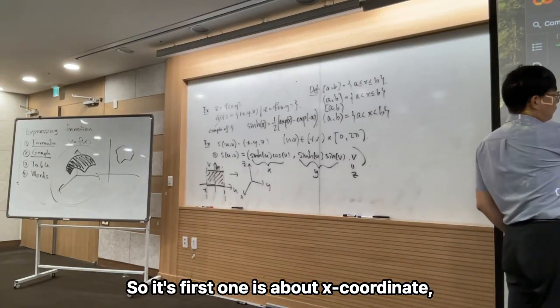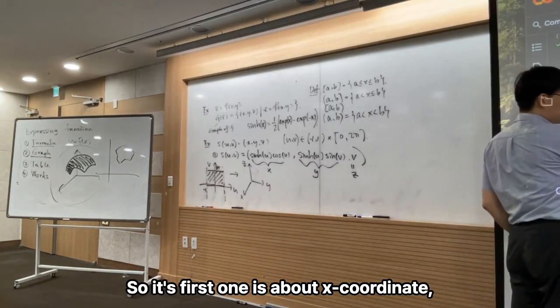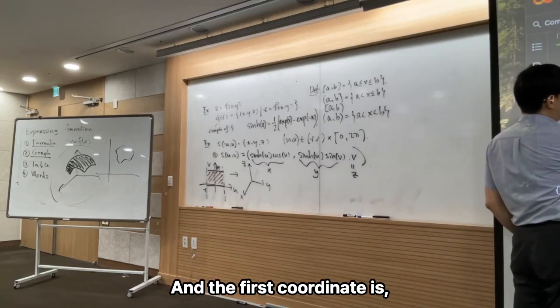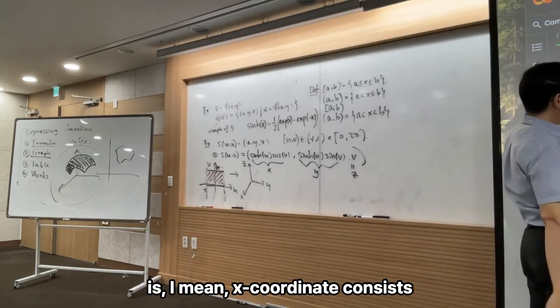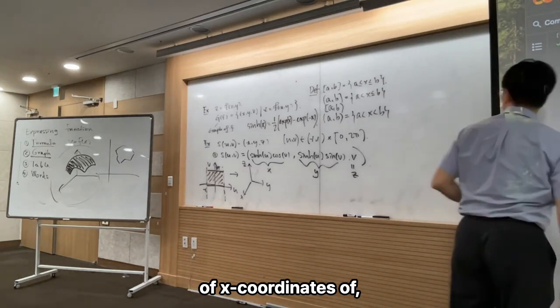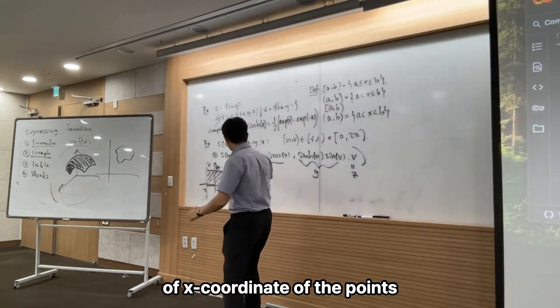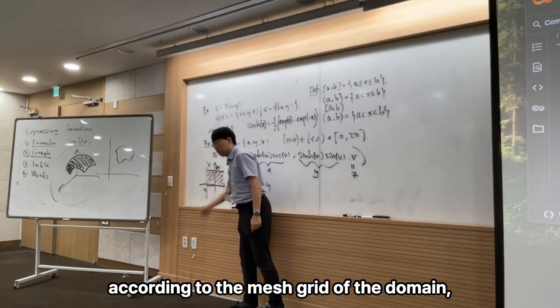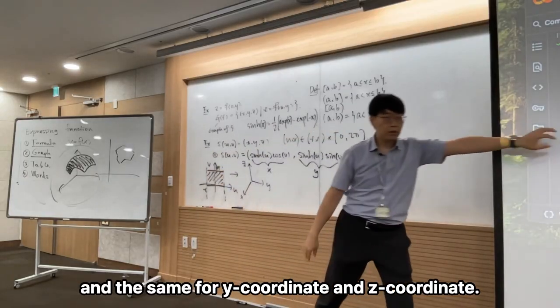The first is about the x coordinate, second is the y coordinate, and third is the z coordinate. The first one consists of the x coordinates of the points in three-dimensional space according to the mesh grid of the domain. And the same for the y coordinate and z coordinate.